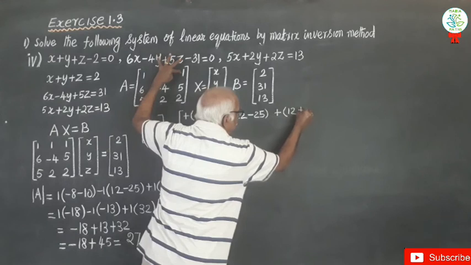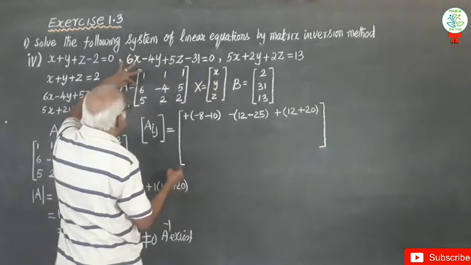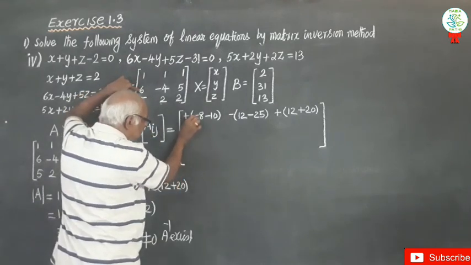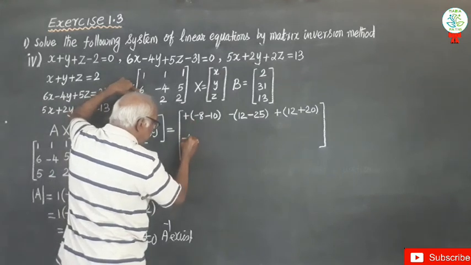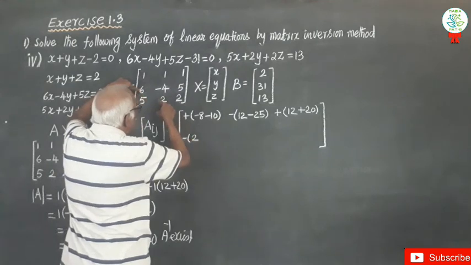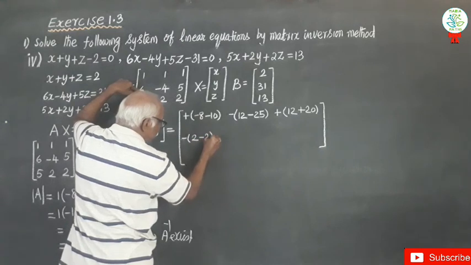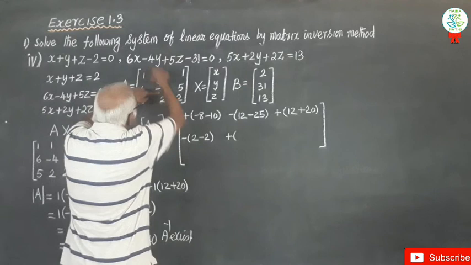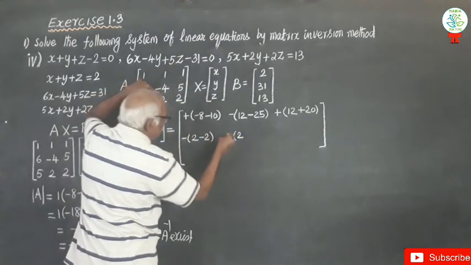Then minus for this: 1 into 2, 2 minus 2 into 1, 2. Then plus for this: 1 into 2, 2 minus 5 into 1, minus 5.